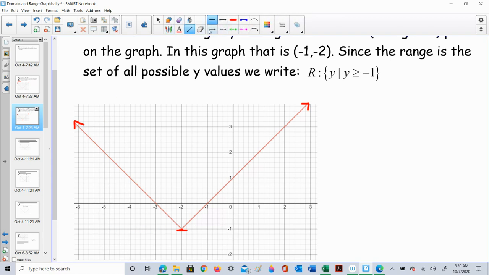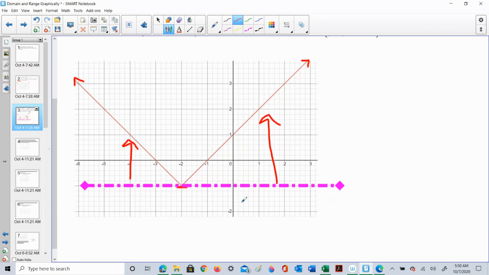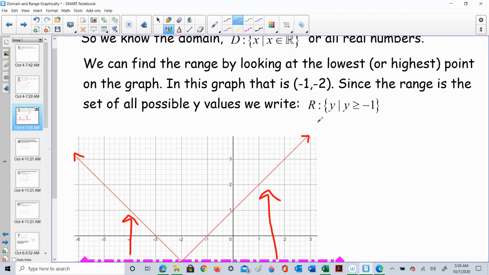That's the lowest point. All the y values are above that. There are no y values down here. So our range will be y such that y is greater than or equal to -1.